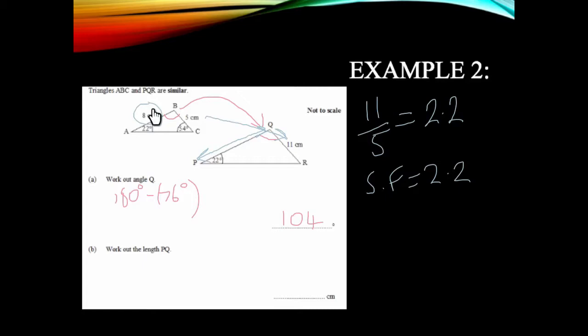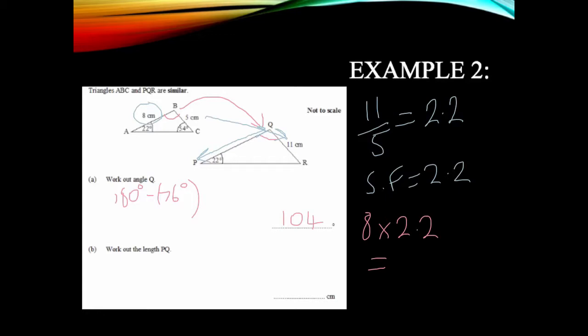That means that 8, the length AB, is also going to be multiplied by 2.2 to get to the length PQ. So we need to do 8 multiplied by 2.2, and that's going to give us our length PQ.